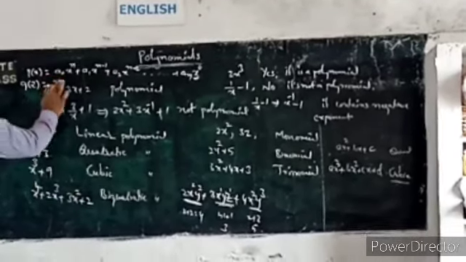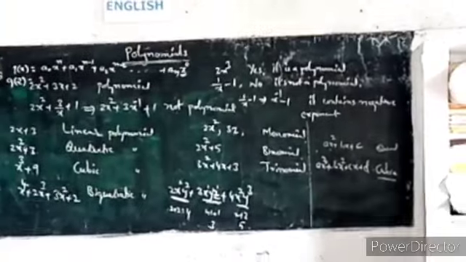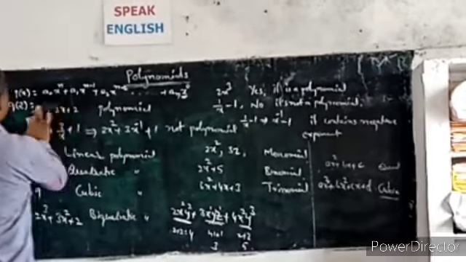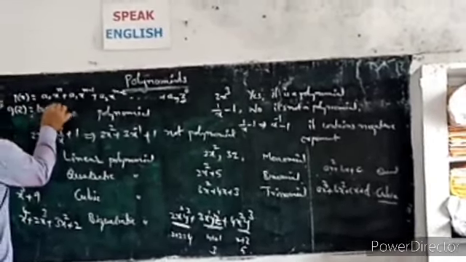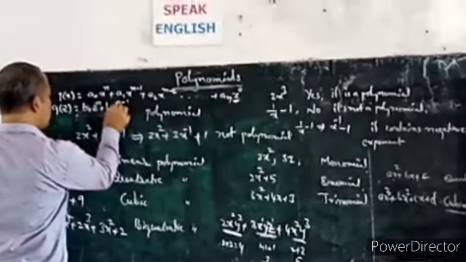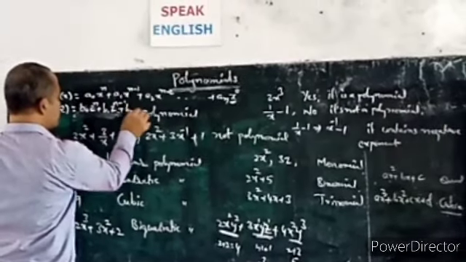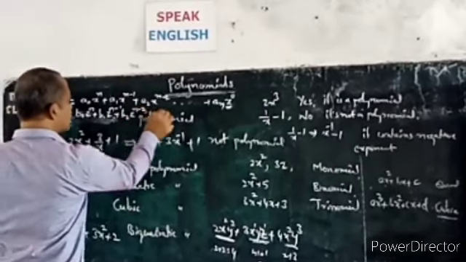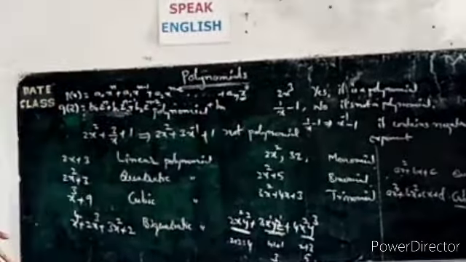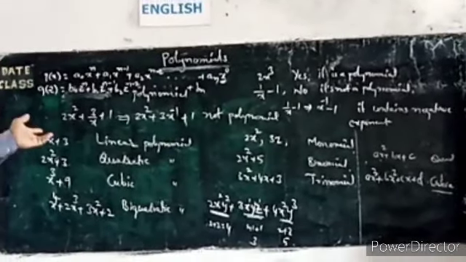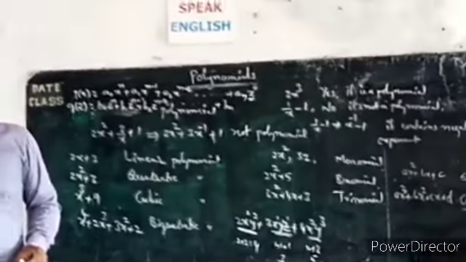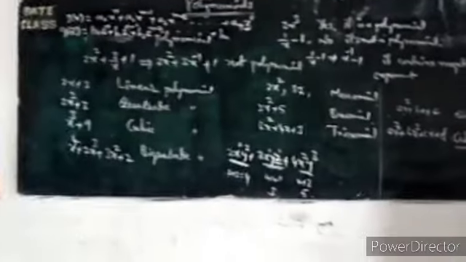Now what to write: b0 z power n plus b1 z power n minus 1 plus b2 z power n minus 2 and so on, up to bn z power 0, or bn. This is the way to write it in terms of q of z. The constants are b0 to bn.